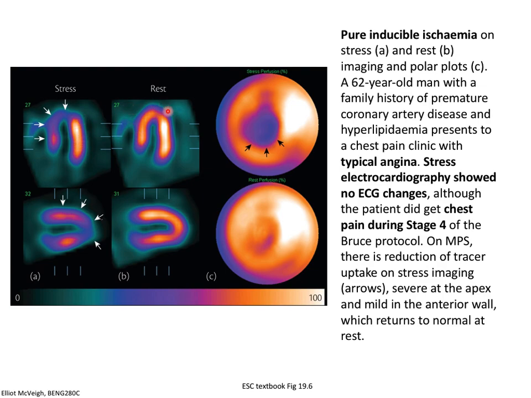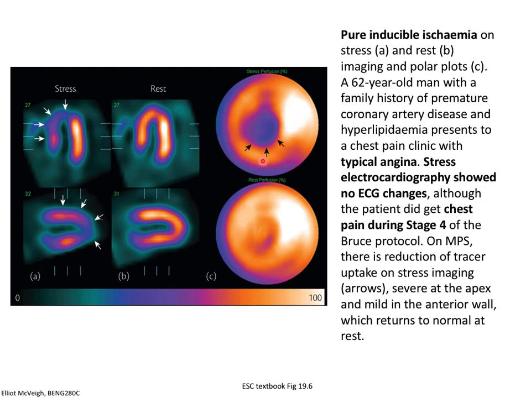At rest, it does seem to be a relatively balanced flow. This value of flow is going to be lower. Let's say this is 1 mL per minute per gram at rest. This might be 5. And so this one only made it to 2, or maybe 1.5. And so that shows the deficit.